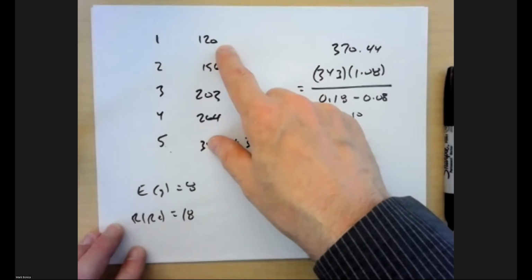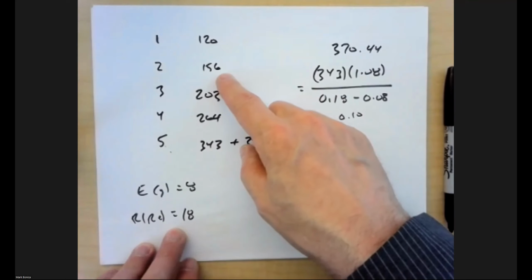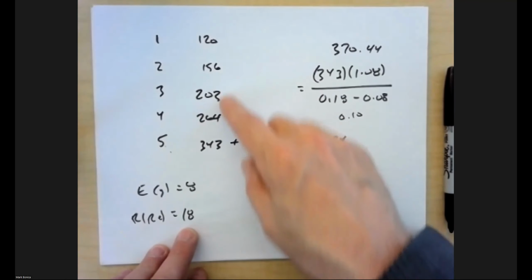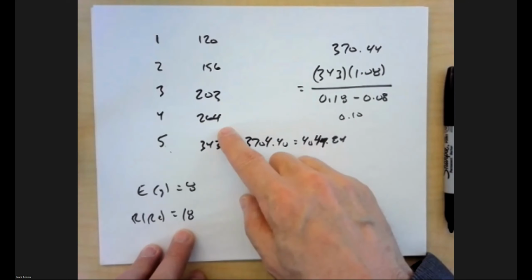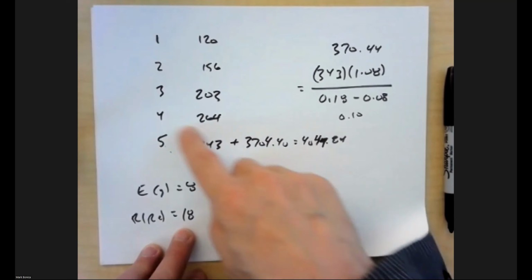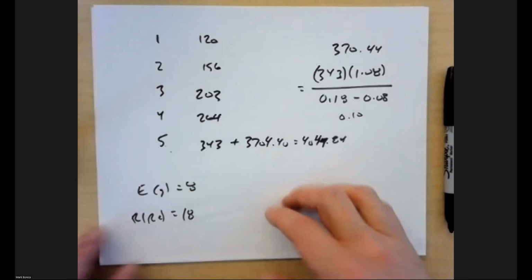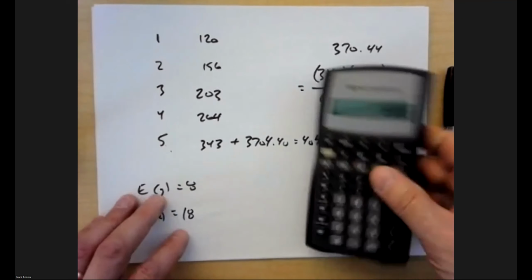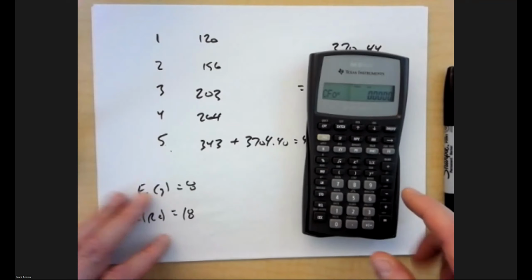So you can do 120 divided by 1.18, 156 divided by 1.18 squared, 203 divided by 1.18 cubed, 264 divided by 1.18 to the 4th, and 4047.84 divided by 1.18 to the 5th, right? You could do that, or you could use your cash flow register. Make sure you clear it.